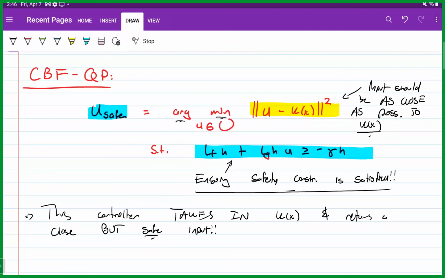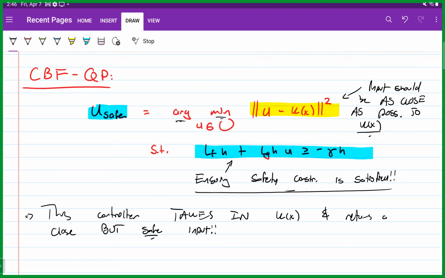In practice, how is this K of X generated? Yeah, so K of X can really be anything in this case. You could generate it from PID, feedback linearization, LQR, or even something like MPC.